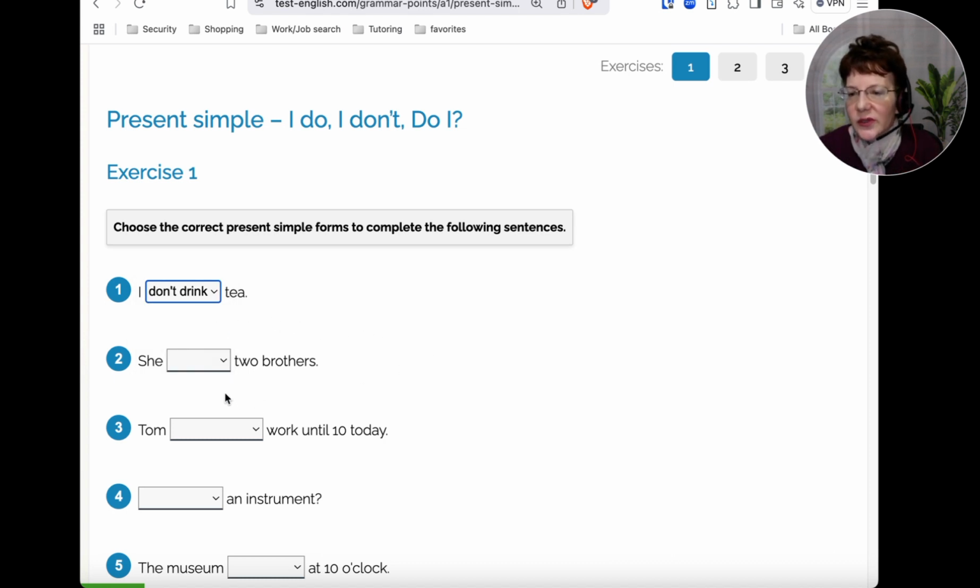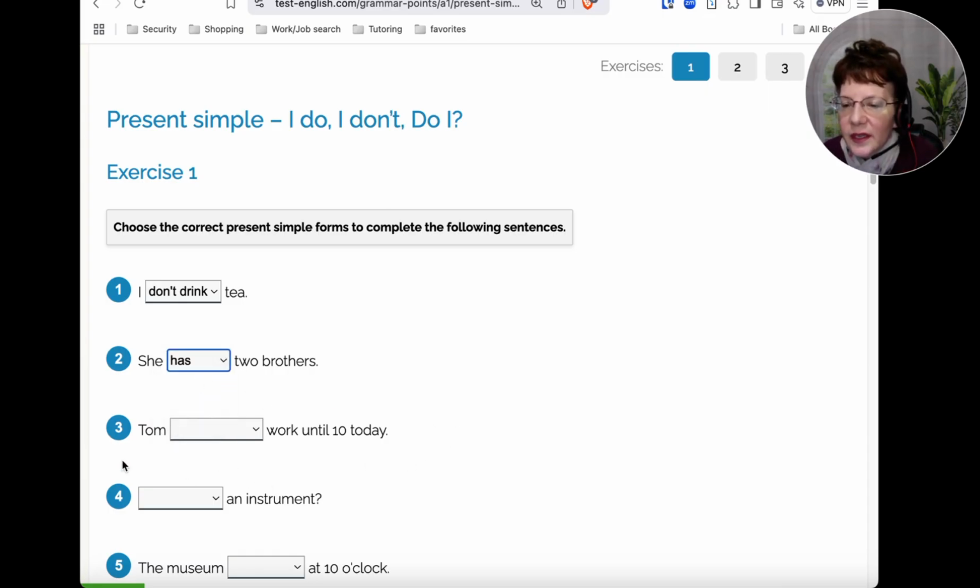All right, number two, she, two brothers. So has, have, or haves. Okay, so with third person, remember what we do with have. So if you chose the first one, has, that would be correct.